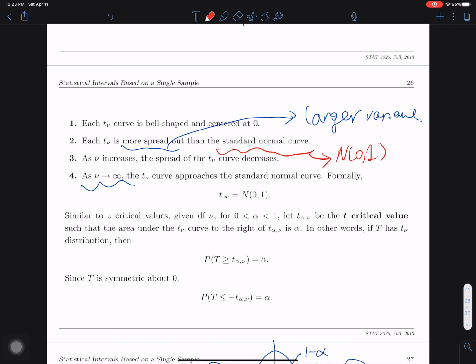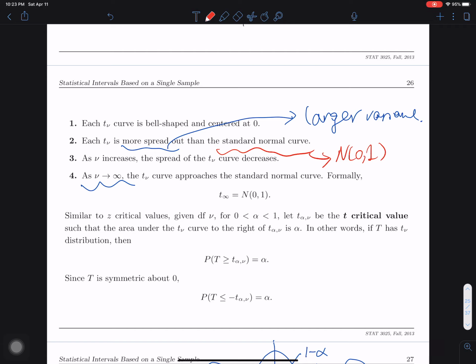And as the degrees of freedom increases, the spread of the t curve decreases. That is to say, if you increase the degrees of freedom of the t distribution, the variance will be smaller. And as the degrees of freedom goes to infinity, this t distribution will be very similar, almost equal, to the standard normal distribution.